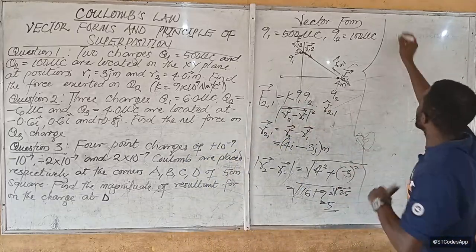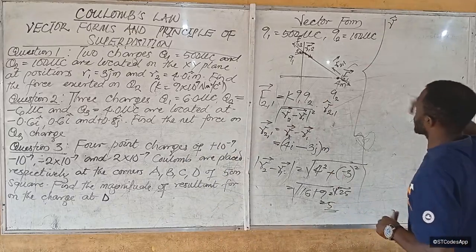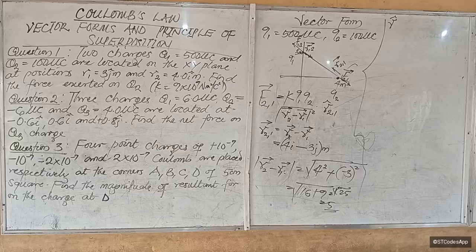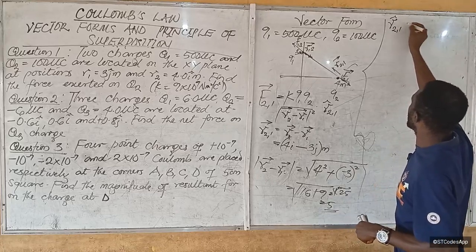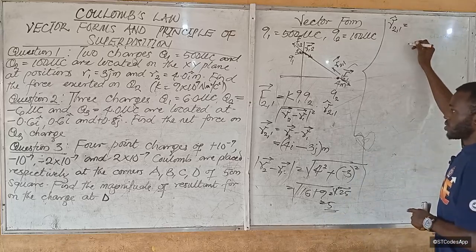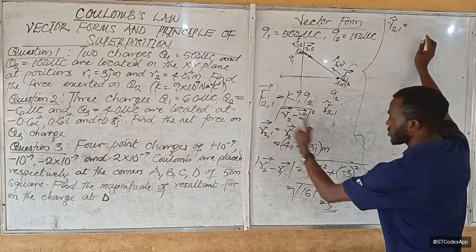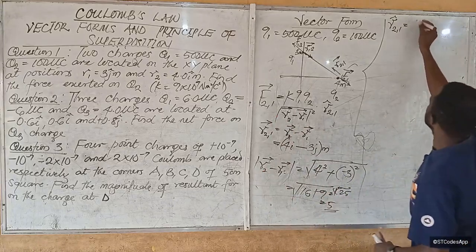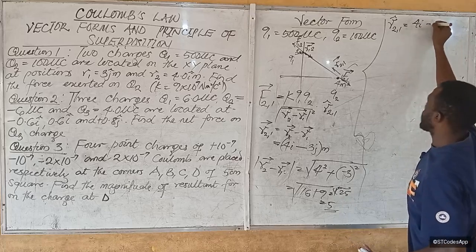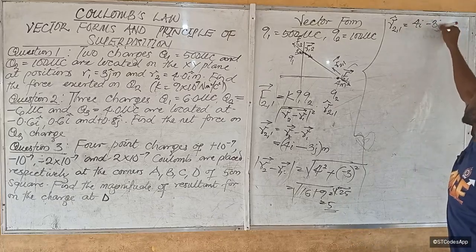Then let's find our unit vector. Our unit vector R hat 2,1 is going to be, the formula is this over the magnitude, right? So that becomes 4i minus 3j, okay?